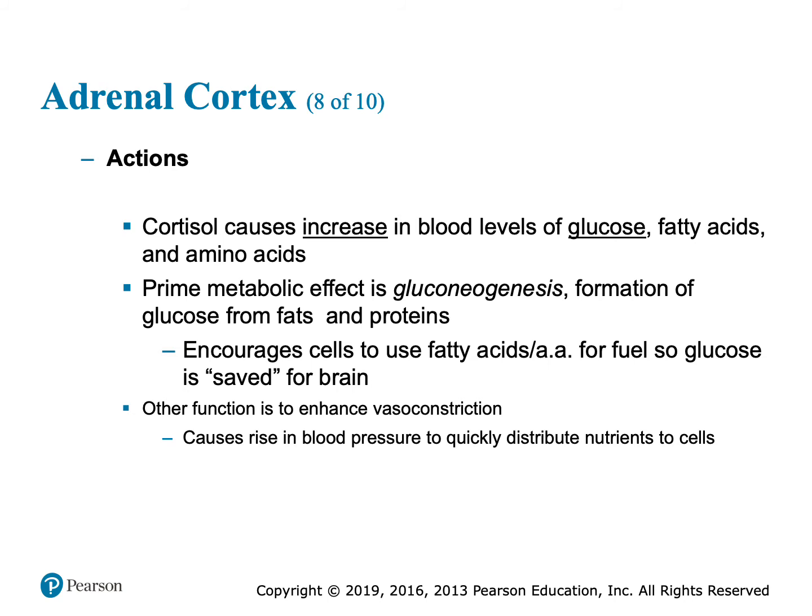So I already said this, cortisol is huge in playing a role in homeostasis of your glucose, but it also helps increase blood levels of fatty acids and amino acids, and it is in charge of making sugar. So, let's say you have 12 Snickers bars, that's too much.